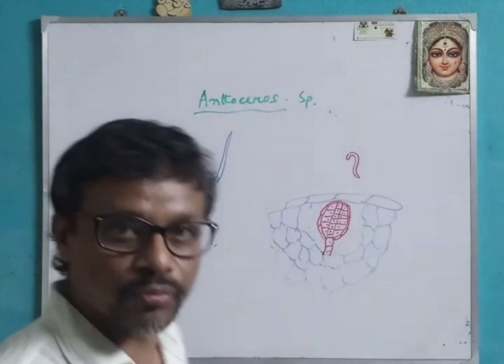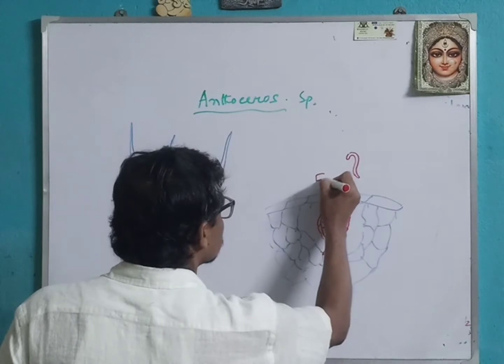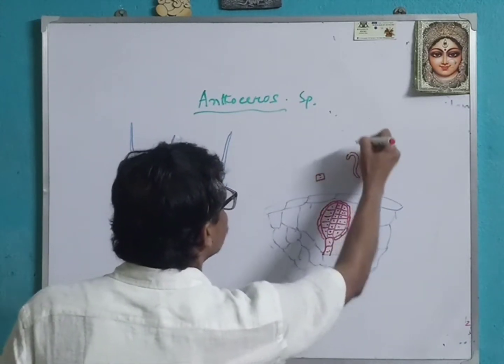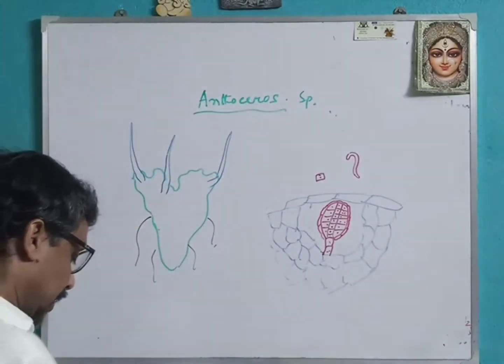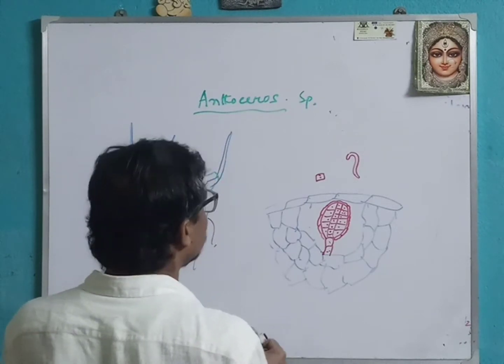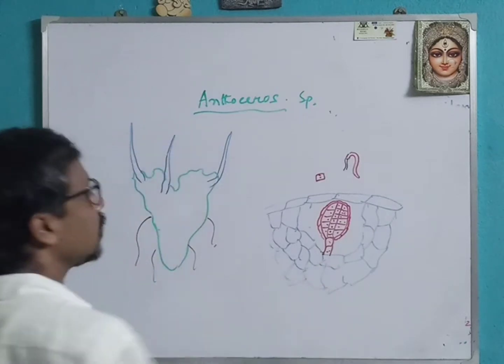This cell turns into this shape first, and then certain structures develop. These are called flagella.